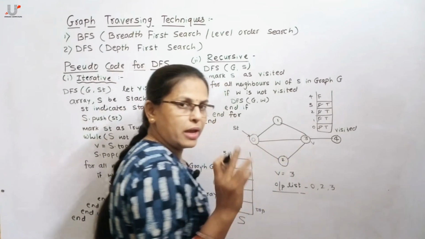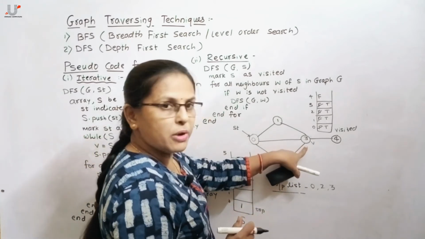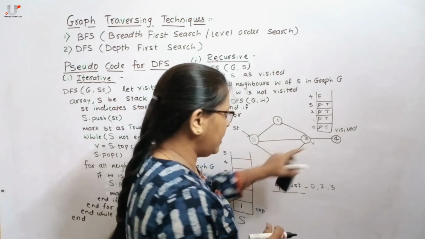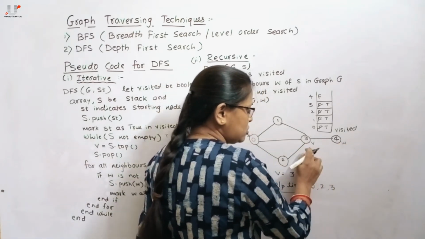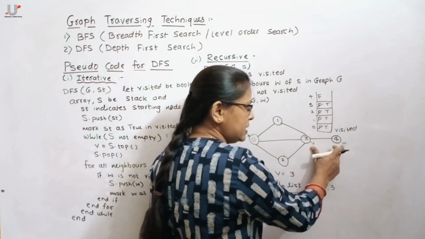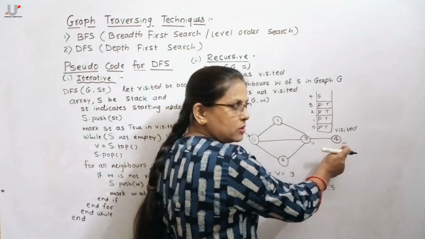Again check whether any unprocessed or unvisited neighbor for this 3 is there. Yes, it's 4. This is now w, so from this v, the next unvisited adjacent node is 4.